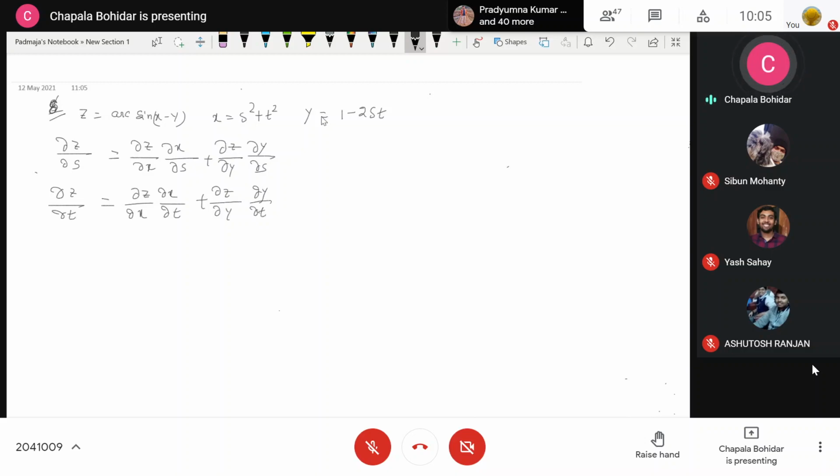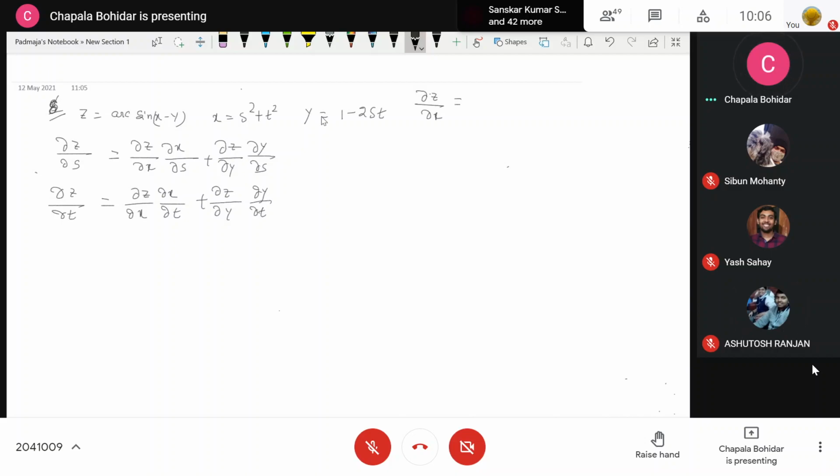Okay. Now my aim is to find out what is del z by del s, del x by del s, all that value you have to find out. So del z by del x, tell me. Arc sin x minus y means sin inverse of x minus y. Derivative of that value? Sin inverse x? 1 by root under 1 minus x square.